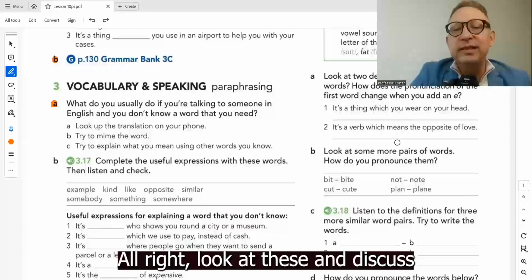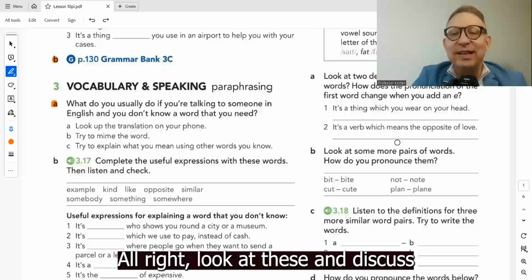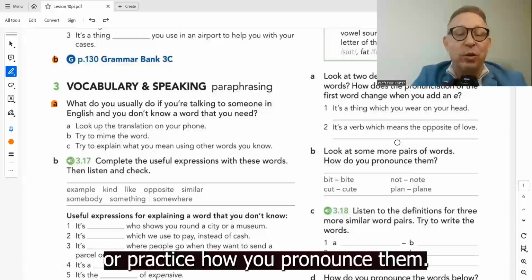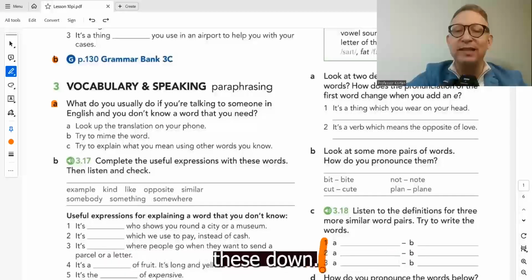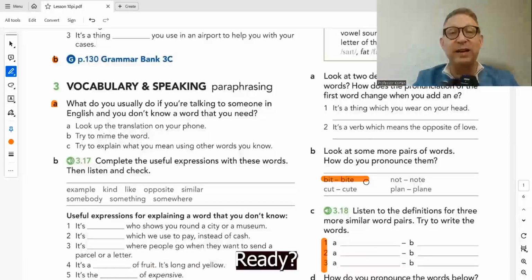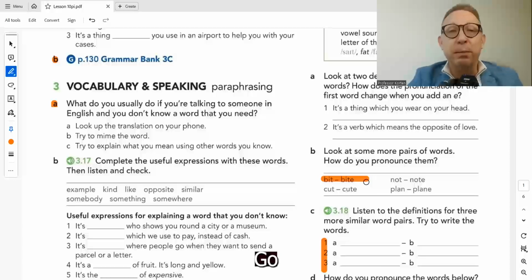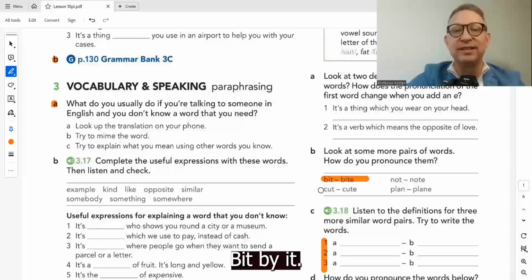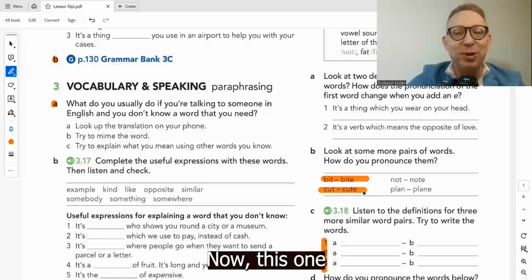All right, look at these and discuss how you, or practice how you would pronounce them. And then you're going to write these down. Let's practice these together. The first one, you try, then I go. Ready? Go. Bit, bite. Now this one.